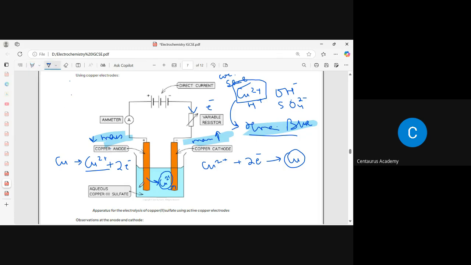So the anode gets thinner and the cathode starts to get thicker because of greater deposition of copper, and the anode becomes thinner and thinner. This is basically an industrial process. The practical application is the purification of impure copper.